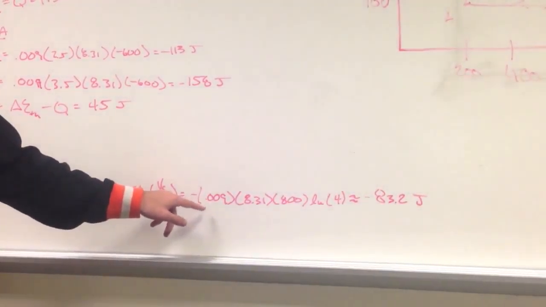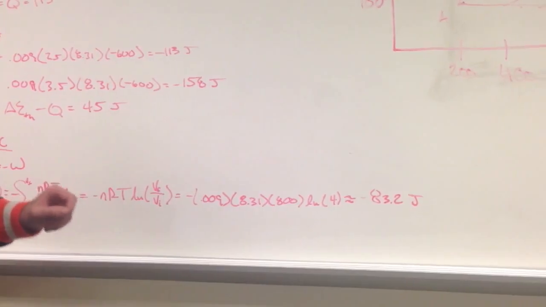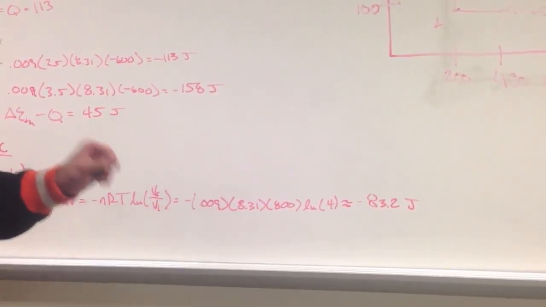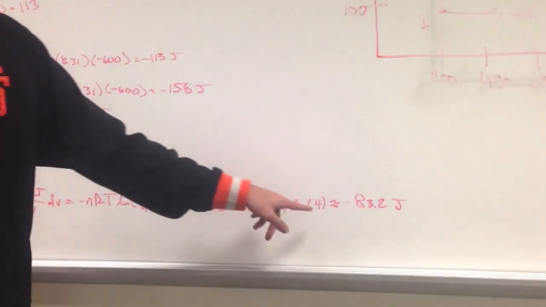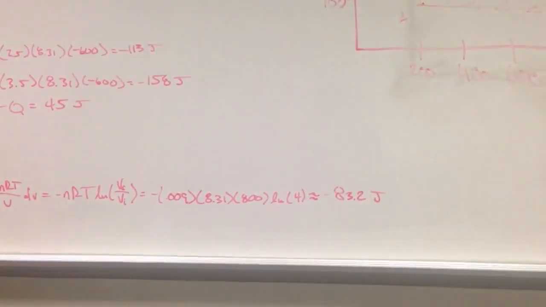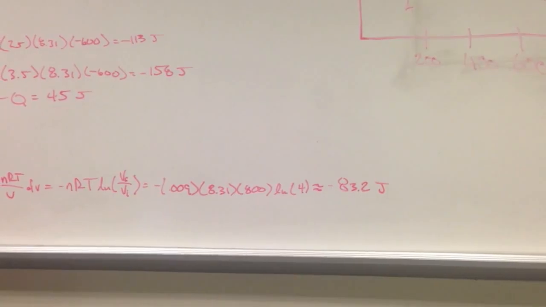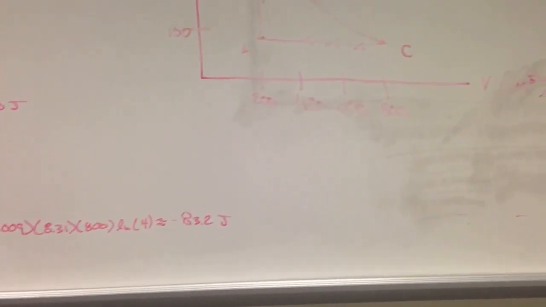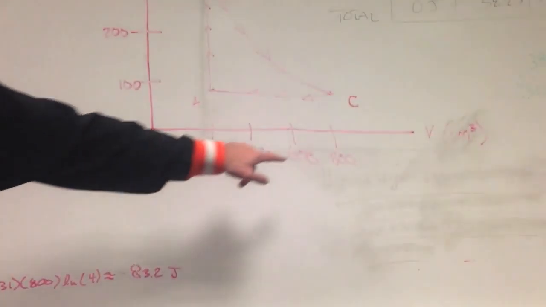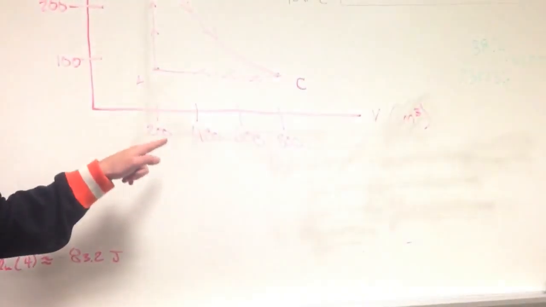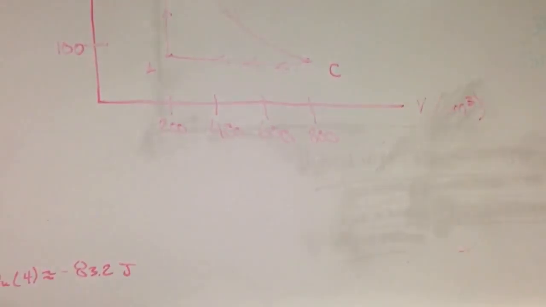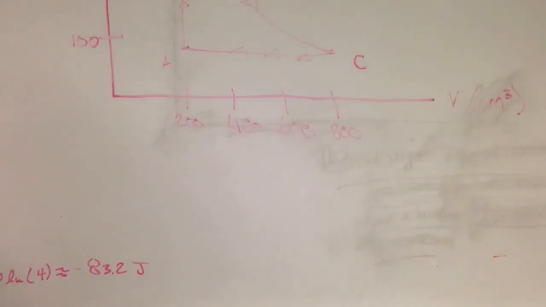Negative 0.009 moles times 8.31, that constant, times 800 degrees Kelvin, and then times log of the volume ratio. We know that the volume at C is 800 cubic centimeters, and at A is 200 cubic centimeters.